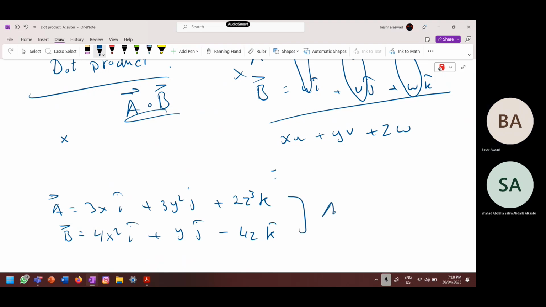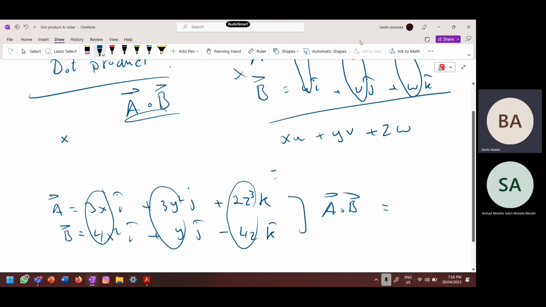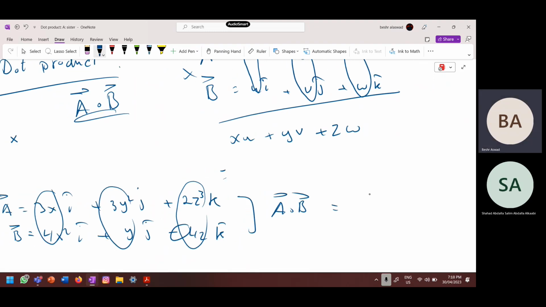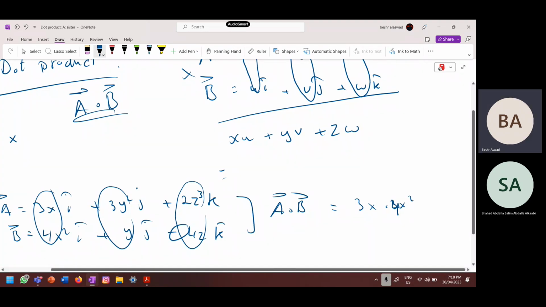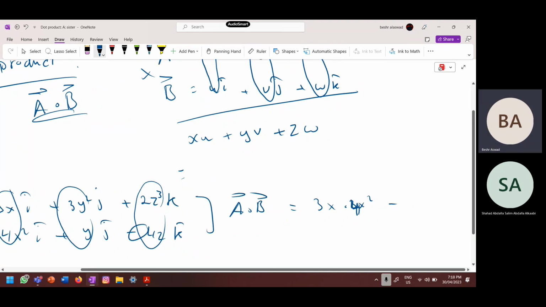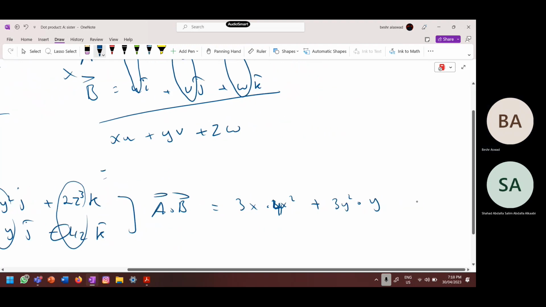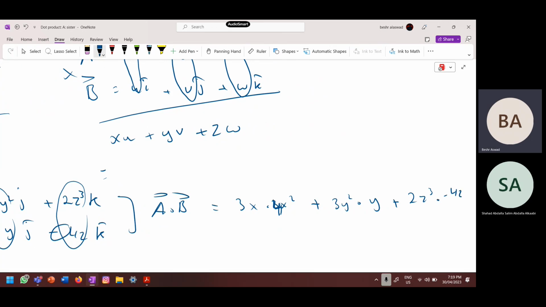To find the product of both vectors, just multiply the corresponding values from the other vectors, with the sign. Do not forget the signs. This will give you 3x multiplied by 4x squared, plus 3y squared multiplied with y, plus 2z cubed multiplied with negative 4z.